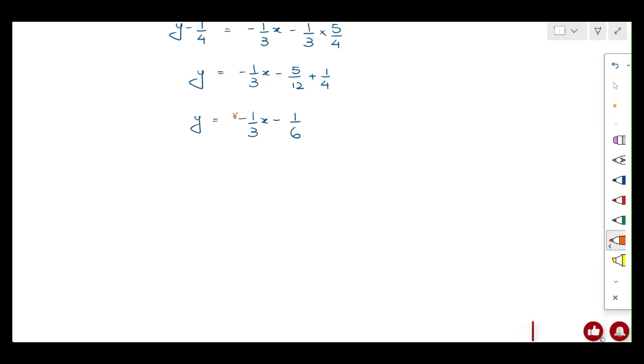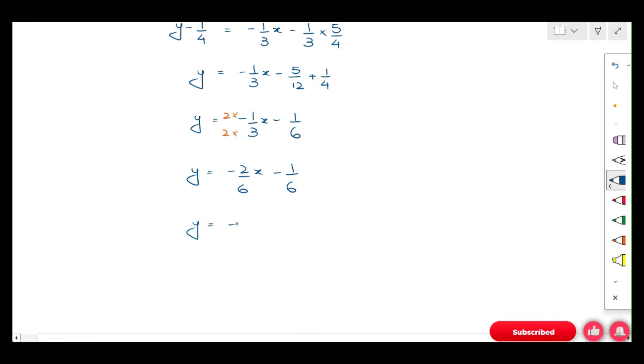So if you multiply this fraction by 2, you make the same denominators. So y equals minus 2 over 6 x minus 1 over 6. 1 by 3 has the equivalent fraction 2 by 6, right? Now the 6 is the same. Now we have y equals minus 2x minus 1, divided by 6.